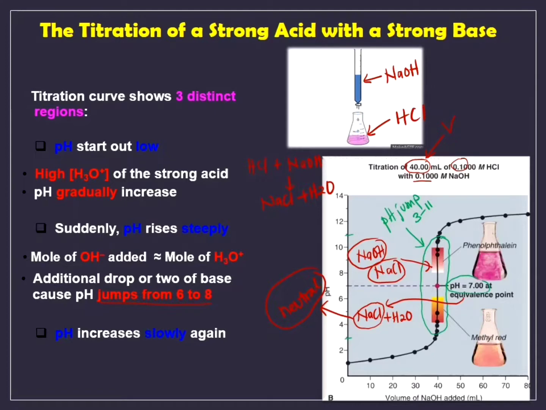It increases slowly because sodium hydroxide is present in the conical flask. So the pH in the conical flask now depends on the sodium hydroxide solution. I repeat, the pH after the equivalent point depends on the pH of sodium hydroxide. No more acid left, right?